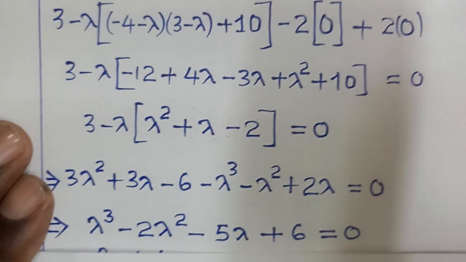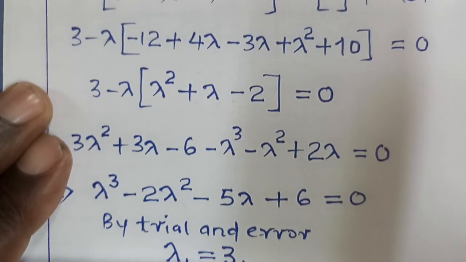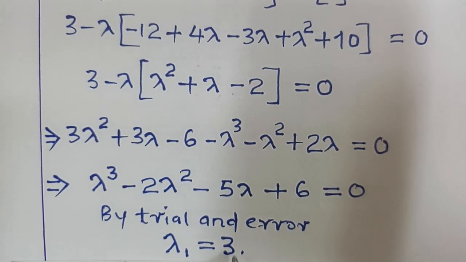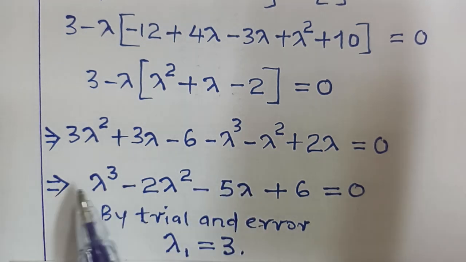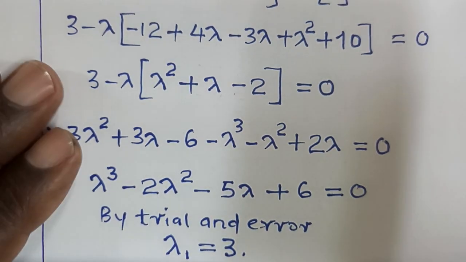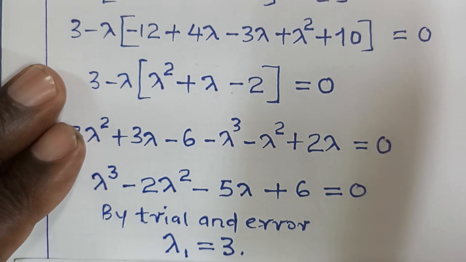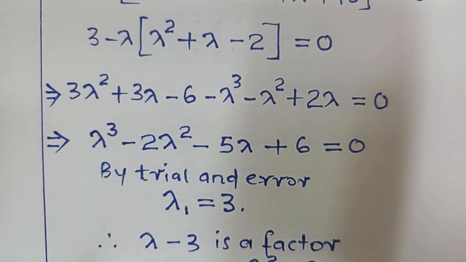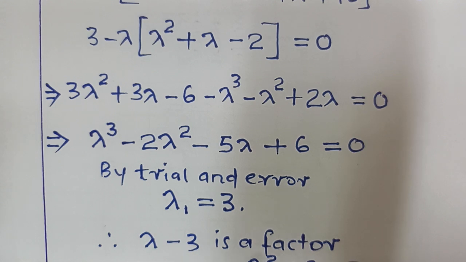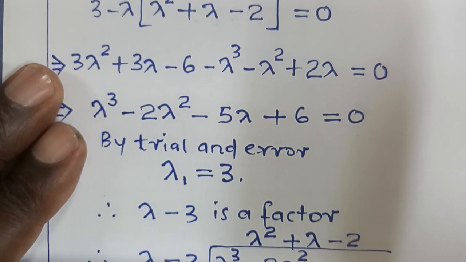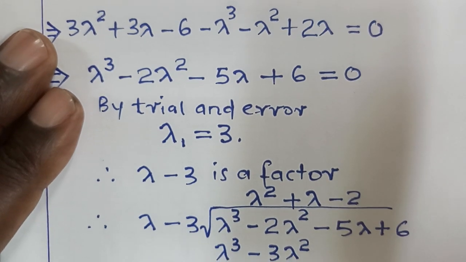After trial and error, we were able to find lambda 1 equals 3. You can put 3 here and see whether you get 0. So when we get 3, that forms a factor: lambda minus 3 is a factor. And using that factor, we can get the other factors.